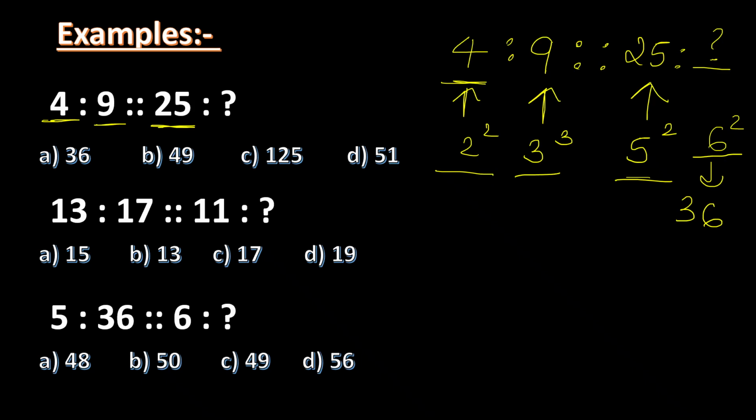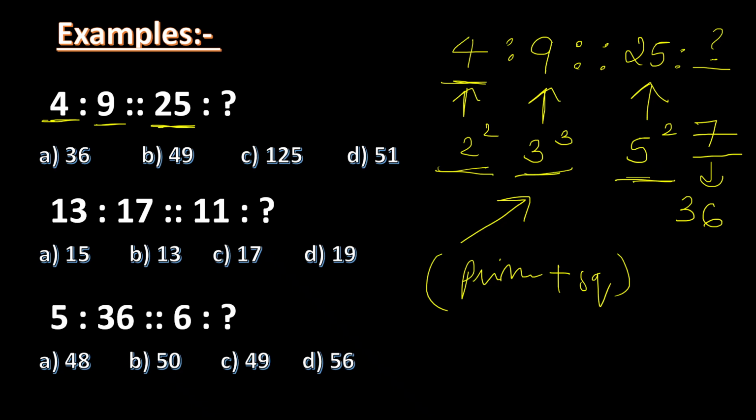After 5, the next prime number is 7. So instead of 6, you need to write 7, because we are dealing with prime plus square logic. After 2 we have 3, then 5, then 7. 7 square is 49. So B is the correct answer, that is 49. Understanding, students, how to use the priority list?